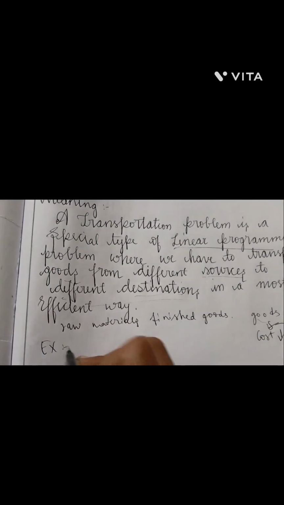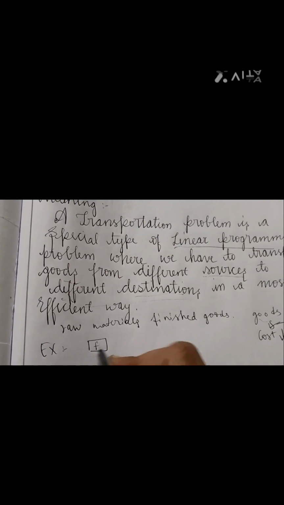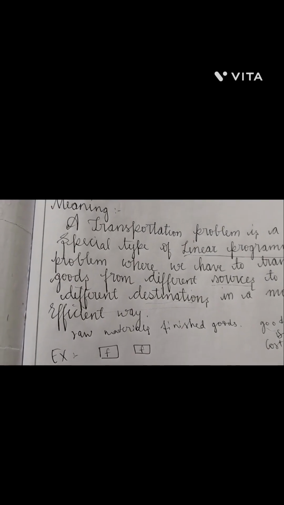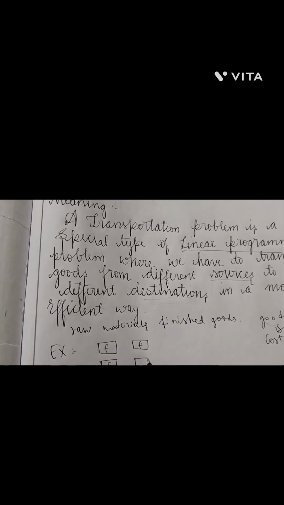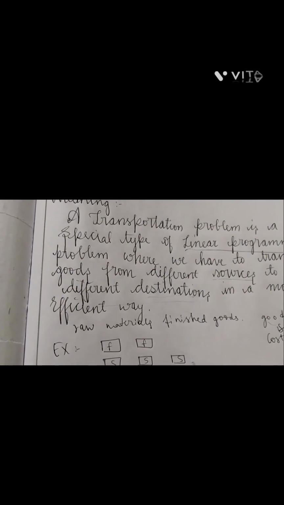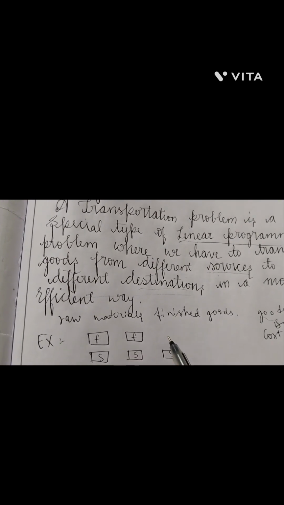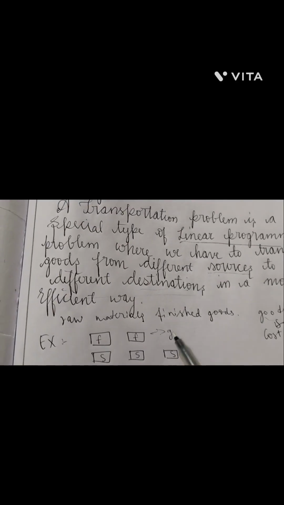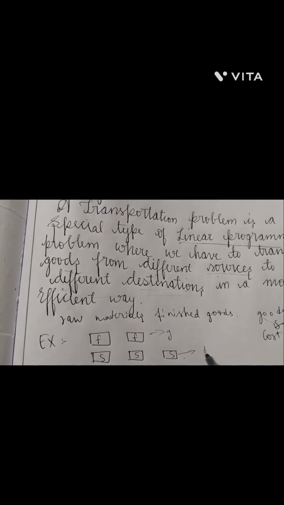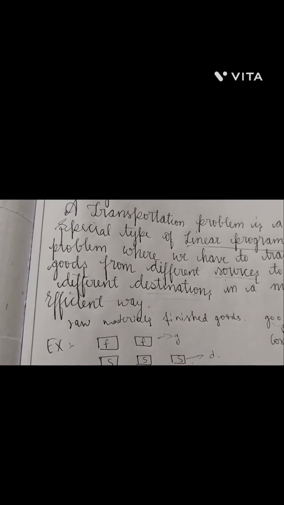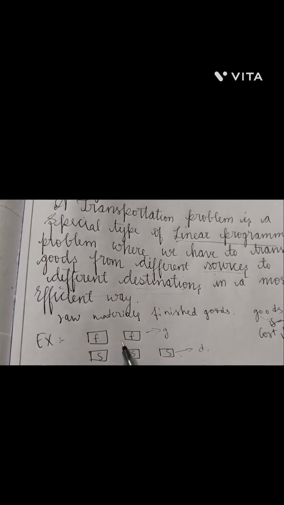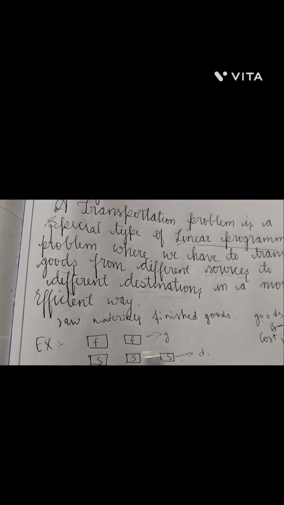For example, imagine there are two factories and three shops. Each factory has a certain number of goods available, and each shop has a certain demand that needs to be fulfilled. Also, the cost of transporting goods from each factory to each shop is different.